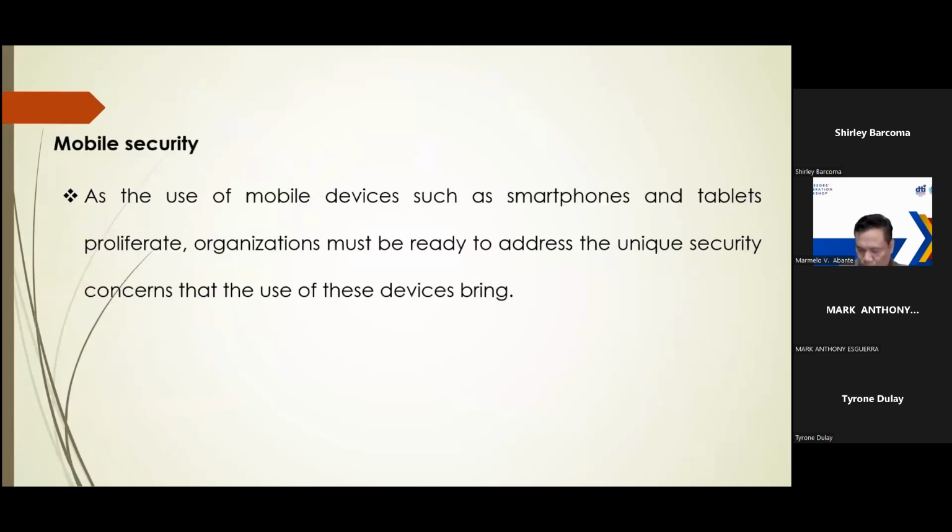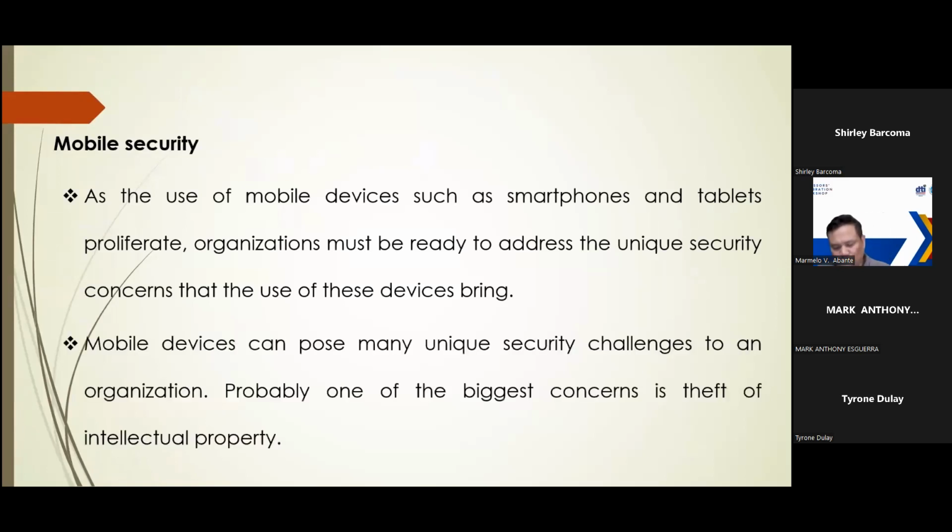Next is mobile security. With the use of mobile devices such as smartphones and tablets, an organization must be ready to address the unique security concerns that the use of these devices brings. Mobile devices can pose many unique security challenges to an organization.